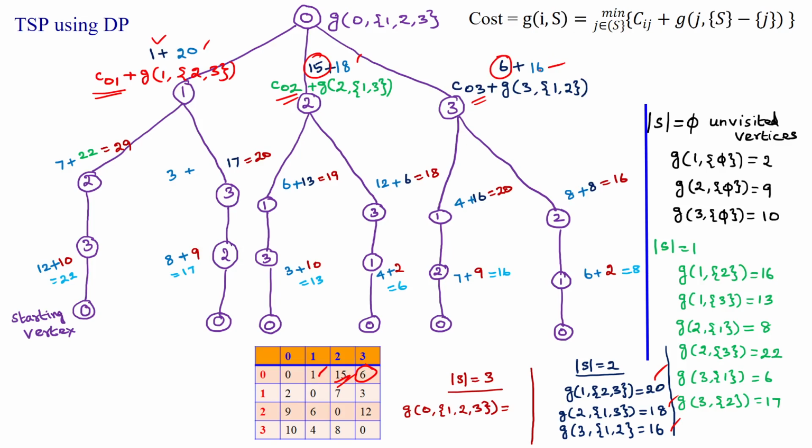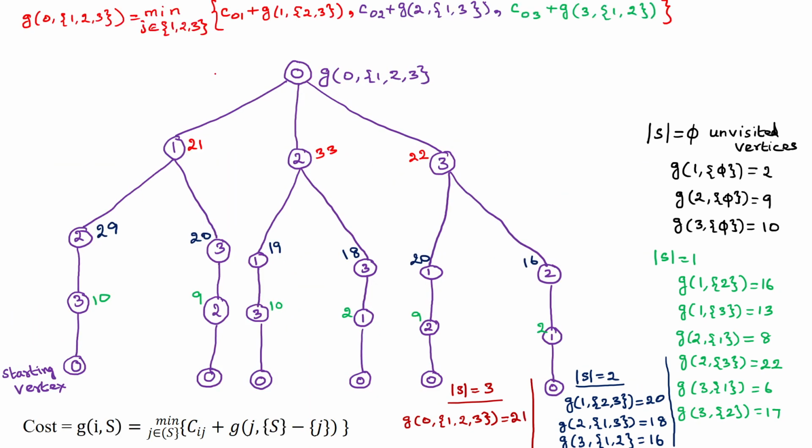Then apply the addition. When you add these values, you get 21, 33 and 22. Here again we apply the minimum of these values. This is the first formula we calculated in the first slide, the minimum of 1 comma 2 comma 3.